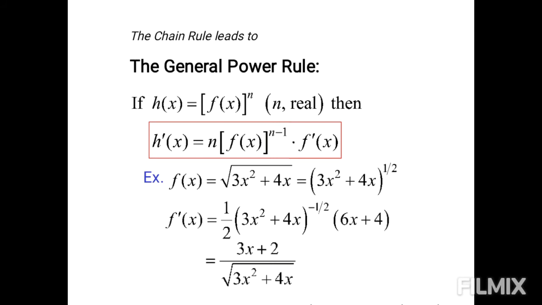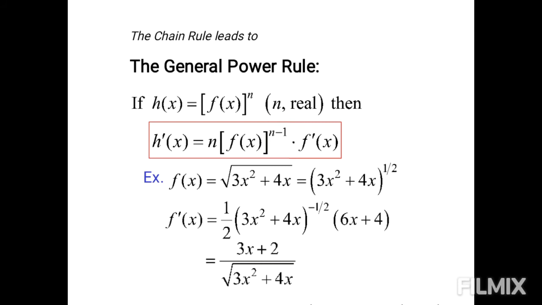Then it will go like this. We need to multiply this 1/2 to our terms here. So 1/2 times 6x is 3x. 1/2 times 4 is 2. And since we have a negative exponent here, we need to make this our denominator and switch it back to our radical sign.